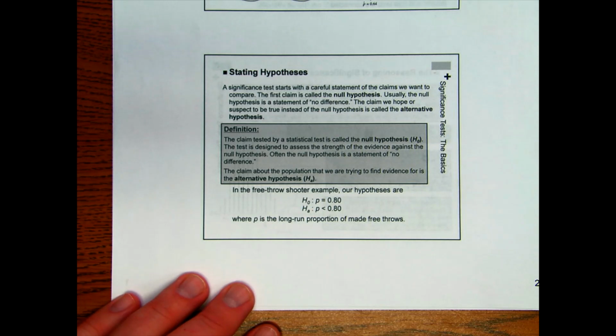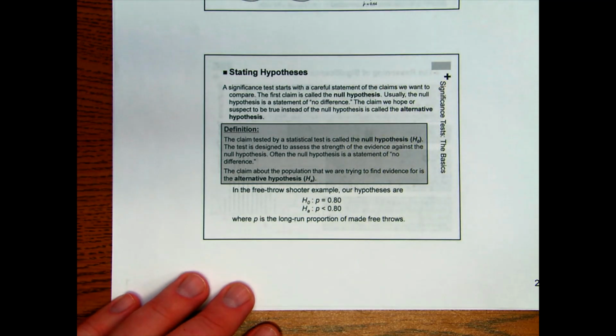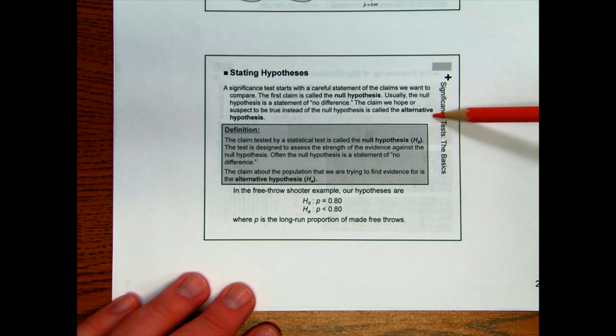All right, the next thing we're going to address is how we set up our hypotheses. A significance test starts with a careful statement of the claims we want to compare. The first claim is called the null hypothesis. Usually the null hypothesis is a statement of no difference. The claim we hope or suspect to be true instead of the null hypothesis is called the alternative hypothesis.